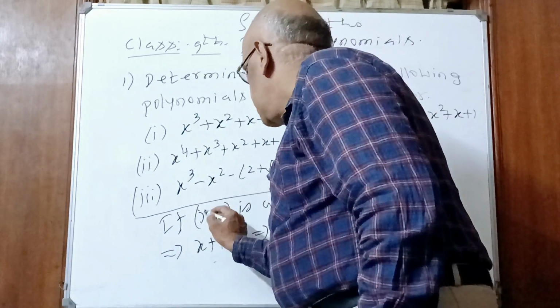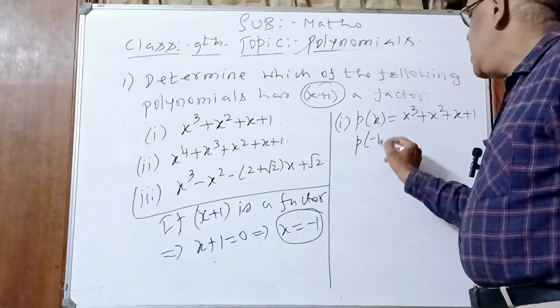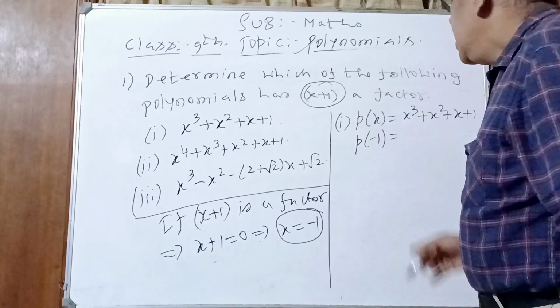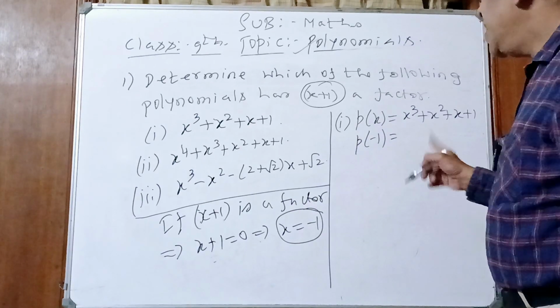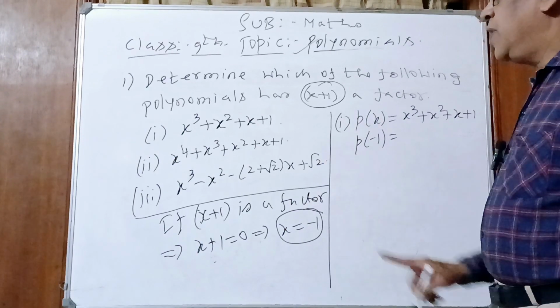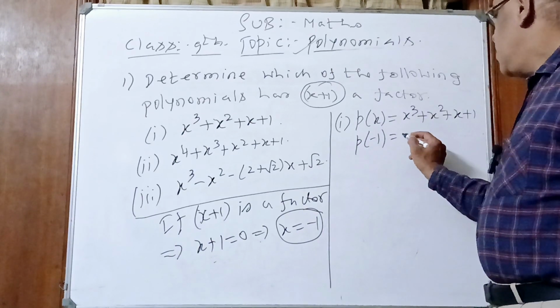Substitute minus 1 wherever x is there. The answer should be 0, then it is a factor. If the answer is not 0 on substituting minus 1, then x plus 1 is not a factor. That's it, children.